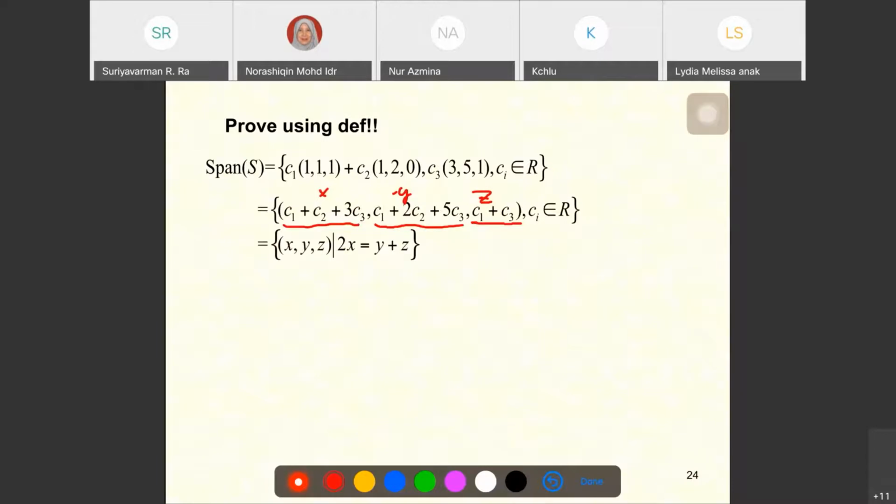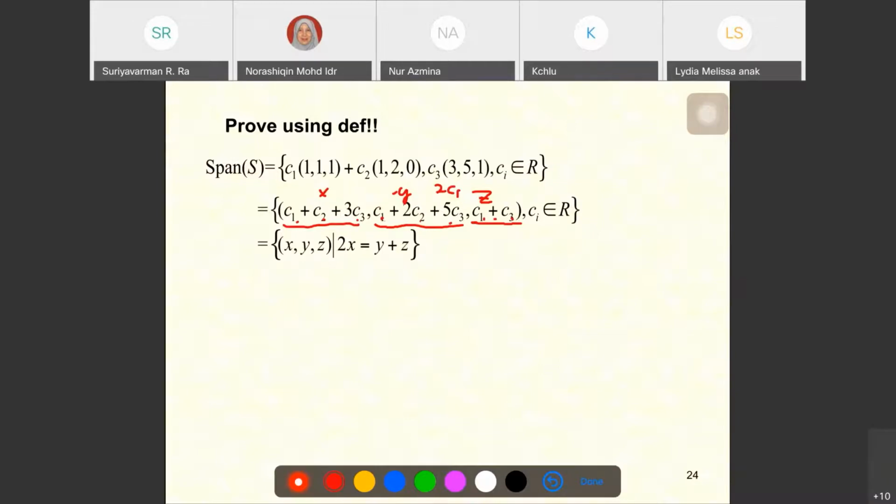Doctor, for this part I don't understand. Like, why 2x is equal to y plus z? Okay, if you see here, this is C1, C2 plus 3C3. What C1? 2C2 plus 5C3. C1 plus C3. So if you see that, this is C1 plus C1, so we have 2C1, right? Okay, but here's C1.